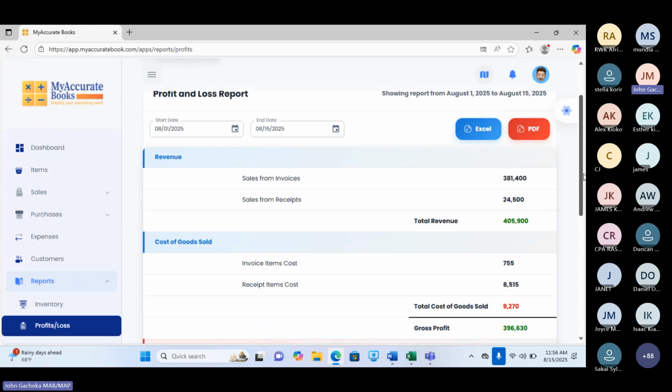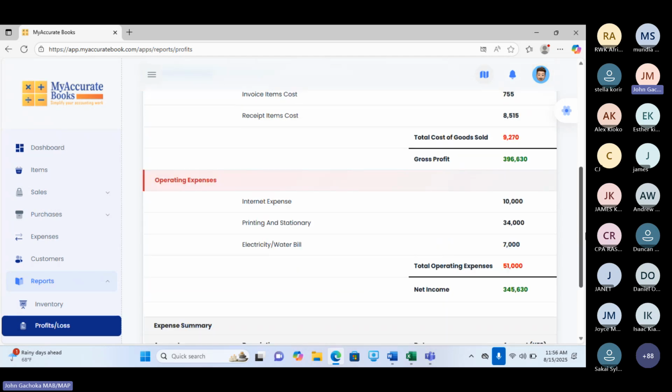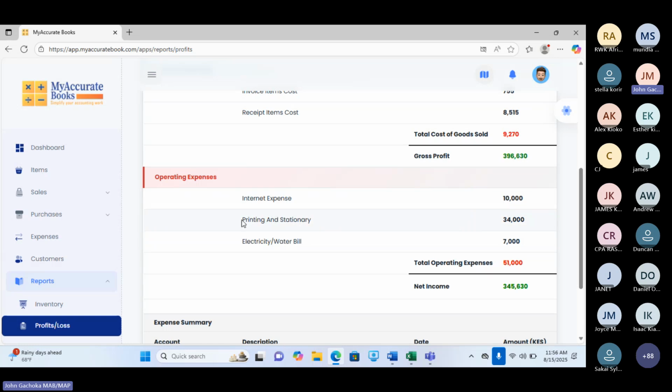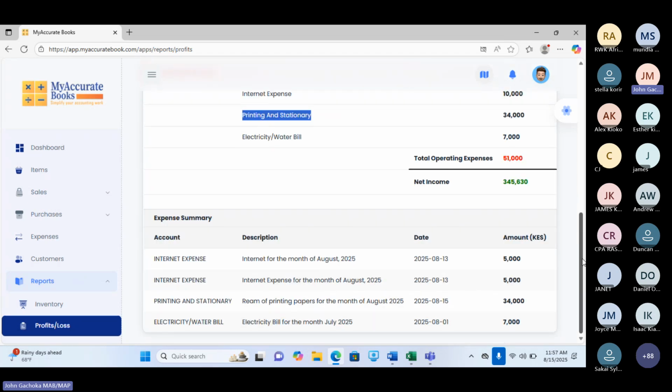sales from invoices and receipts, a summary of cost of goods sold, a summary of operating costs. You remember we've indicated that we've paid for printing and stationery. So we've spent 34,000, and below here, it still tells me even after all that has happened, our business does have an income of 345,630 shillings.